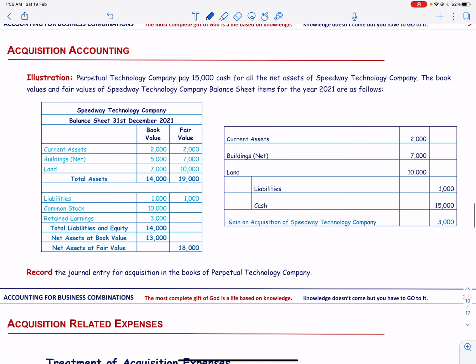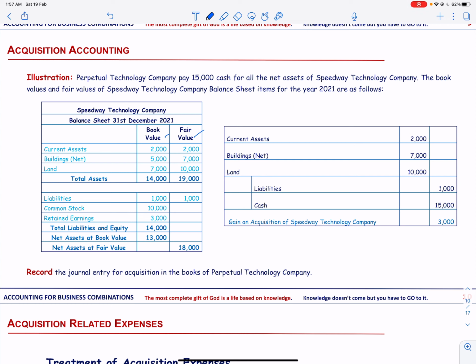Perpetual Technology Company pays 15,000 cash for all the net assets of Speedway Technology Company. The book values and fair values of Speedway Technology Company balance sheet items for the year 2021 are as follows. We have the book value and we have the fair value. So don't forget that a business can be acquired at fair value only.